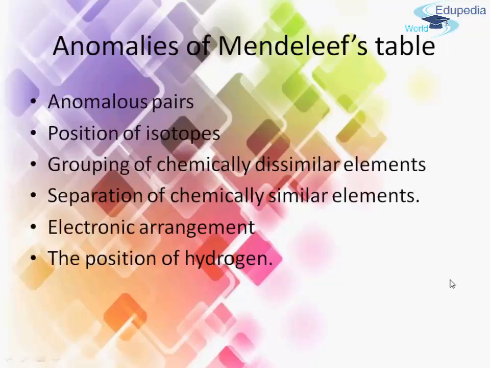So we have the anomalous pairs, the position of the isotopes which was not clear, grouping of chemically dissimilar elements kept together and chemically similar elements separated in different groups. Also, the electronic configuration of the elements was not given and the position of hydrogen was not fixed. These are some anomalies of Mendeleev's table which give rise to the modern periodic table.